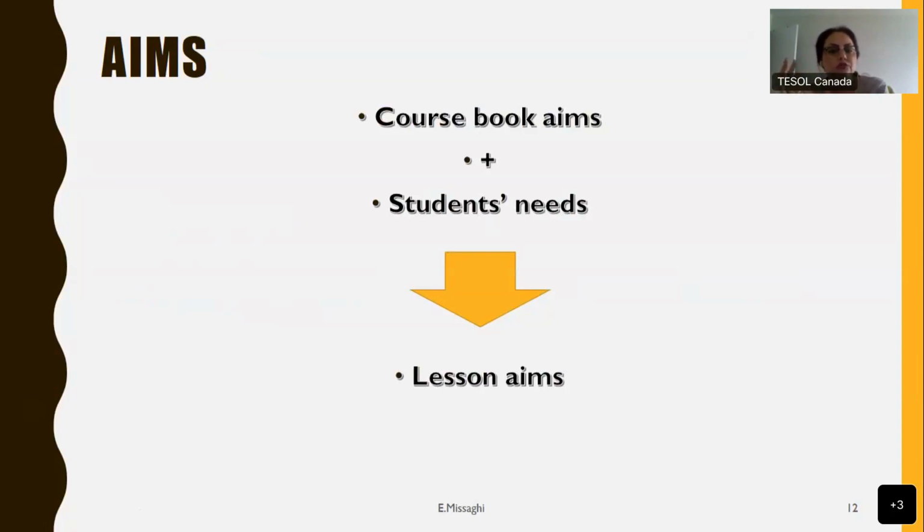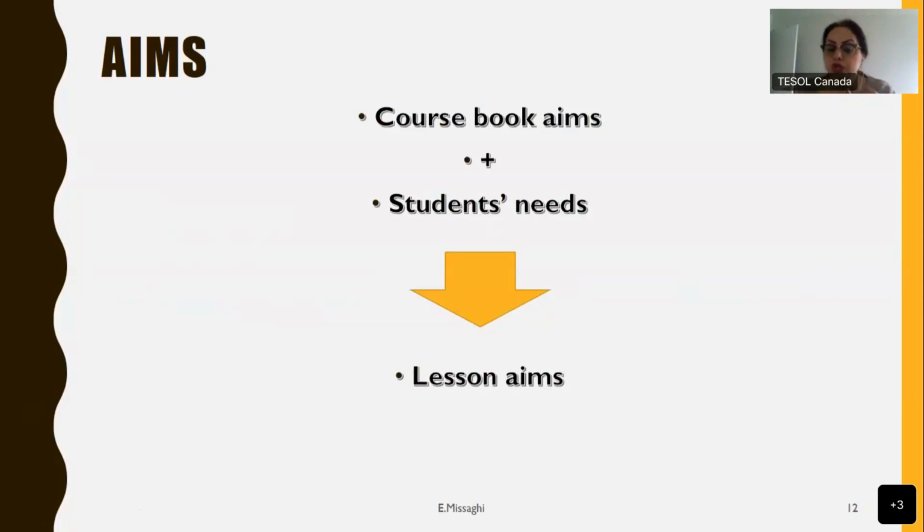Your student needs to improve their general English, so you choose proper material. They want to improve their grammar in Arabic, so you choose proper material. So it's going to be on the student's needs.